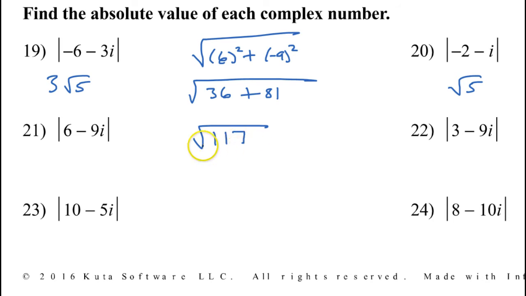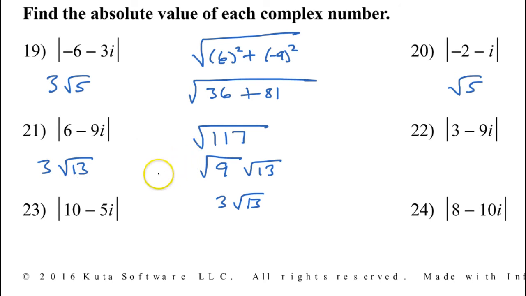Now at a glance, I know that this is divisible by 9 because add up the digits. 7 plus 1 is 9. So I know this is divisible by 9. So let's see, 117 divided by 9, that's 13. So this is 9 times 13. So this will be 3 radical 13. So that's the answer to number 21.